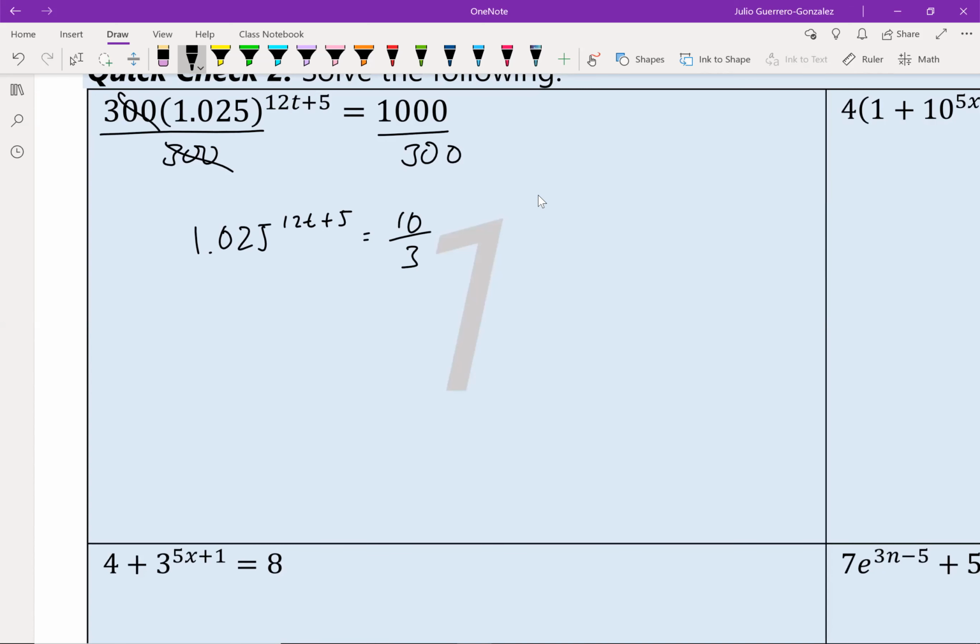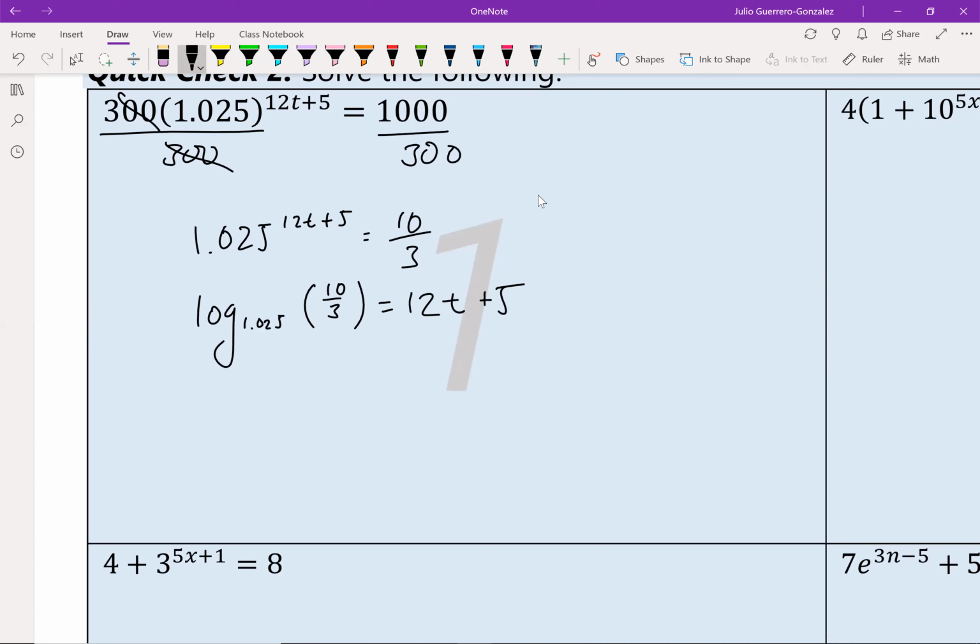Now we do our little conversion. We'll have log base 1.025 of 10 over 3 is equal to 12t plus 5.